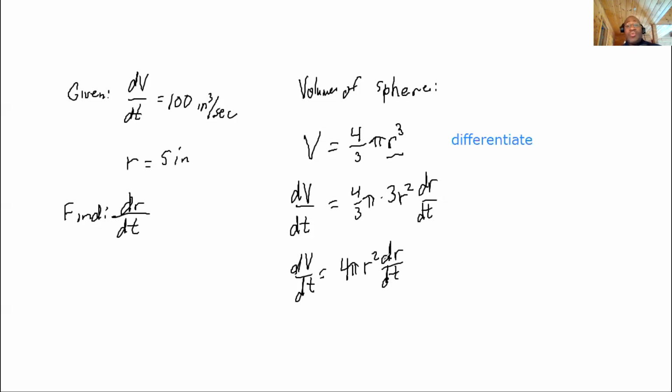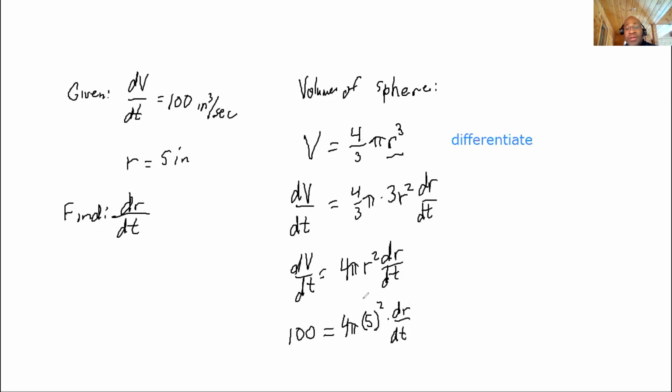And so now at this point, we just simply plug in our given information. So what were we given? We were given dV/dt, which was 100 cubic inches per second. And that'll be equal to 4 pi, and r was the radius, so this is 5 inches, so it's 5 squared times dr/dt.